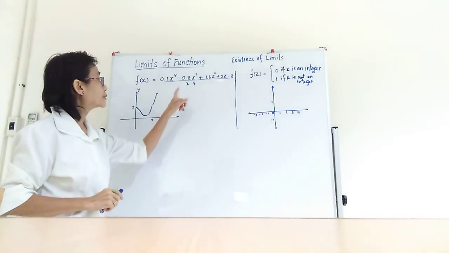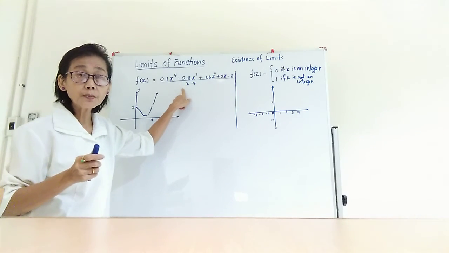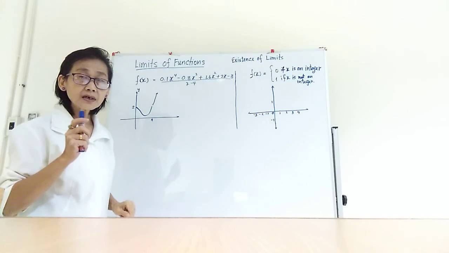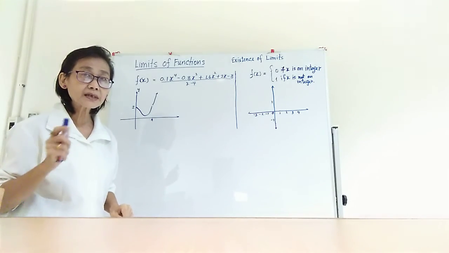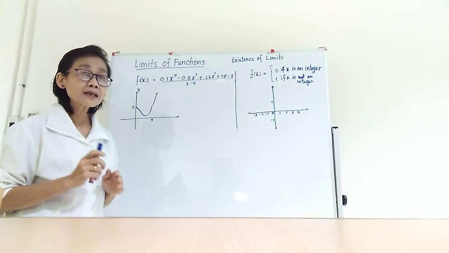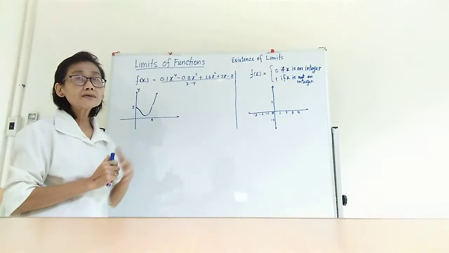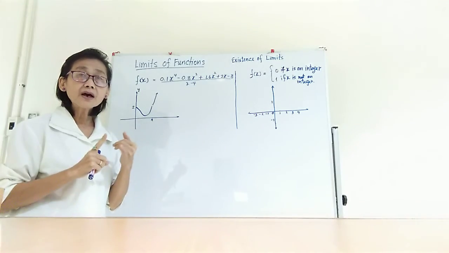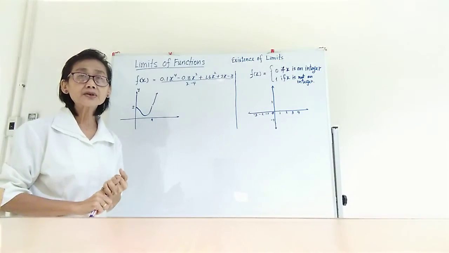Okay. At the same time, this one will tell us about the asymptote. Asymptotes we learned help us have a shortcut and draw the graph faster, right? So we have two kinds of asymptotes, horizontal and vertical asymptote.